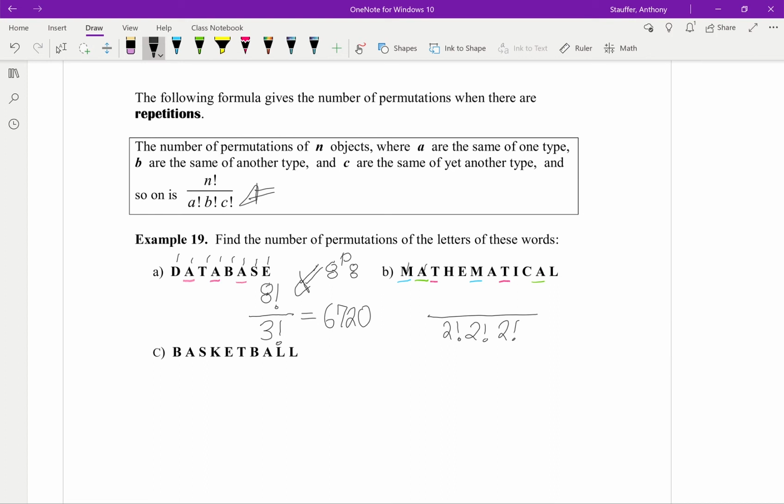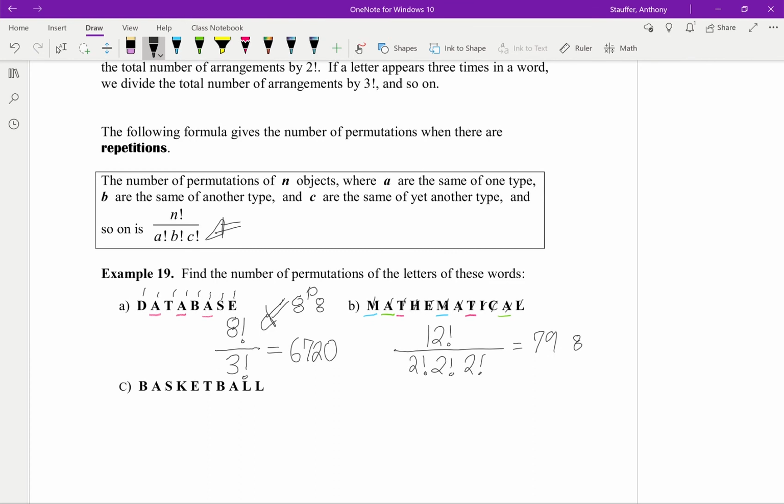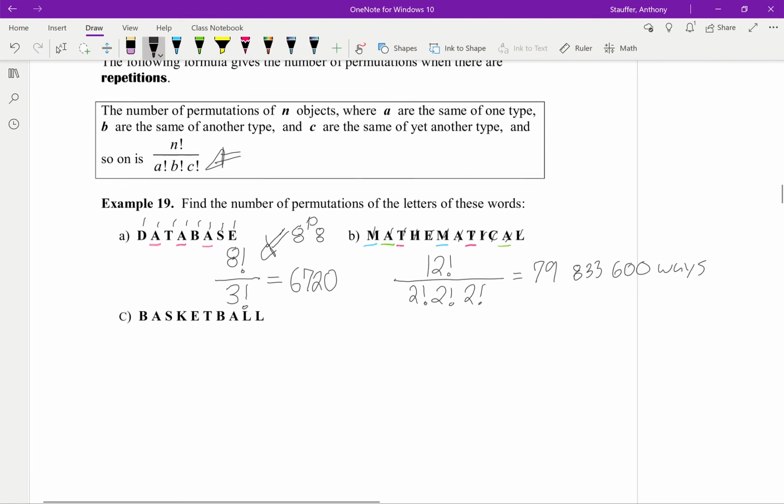Then I have 1, 2, 3, 4, 5, 6, 7, 8, 9, 10, 11, 12 letters. So this would give me 12 factorial divided by 2 factorial, 2 factorial, 2 factorial, which ends up giving me a very, very large number. So that's going to be 79,833,600 ways. That is a lot of ways to arrange those letters.